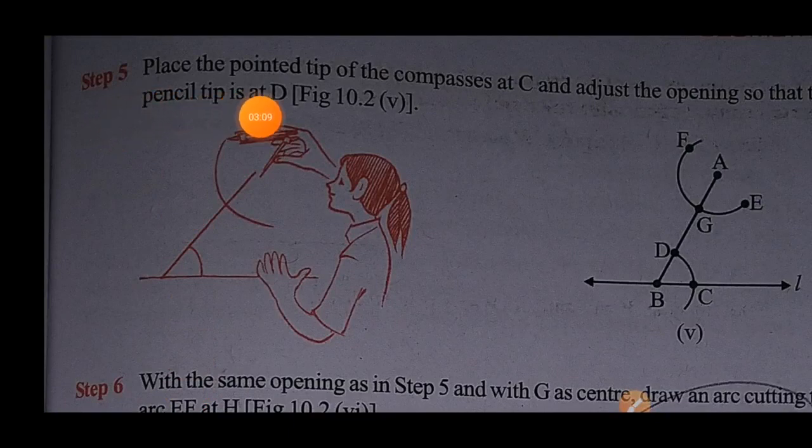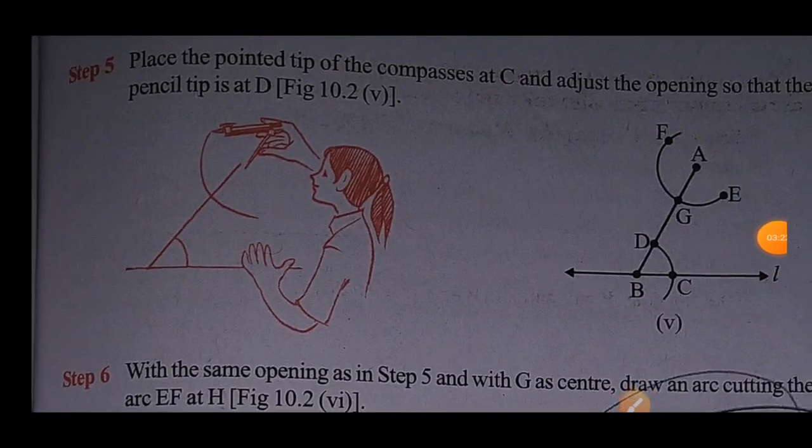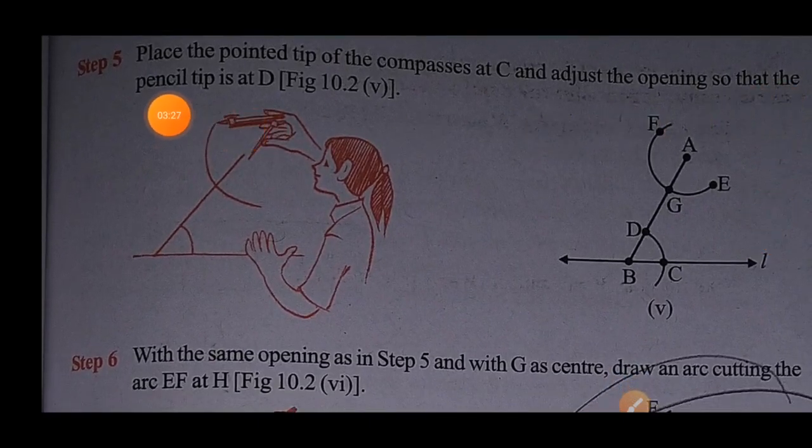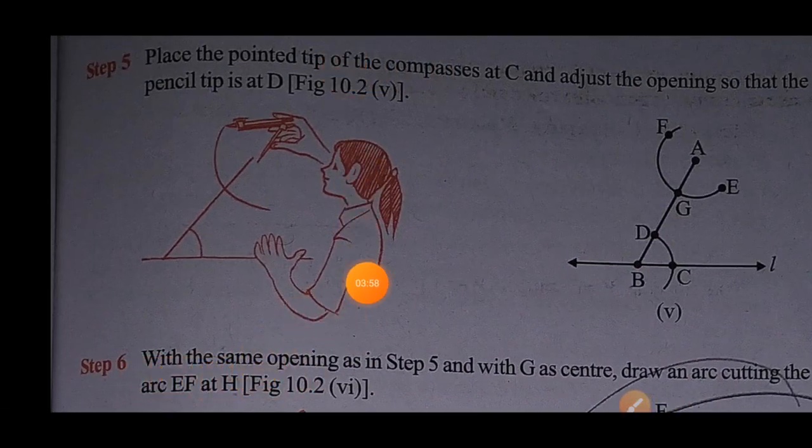Now step 5, place the pointed tip of the compasses at C, and adjust the opening so that the pencil tip is at D. Now step 6, with the same opening as in step 5 and with G as center, draw an arc cutting the arc EF at H.